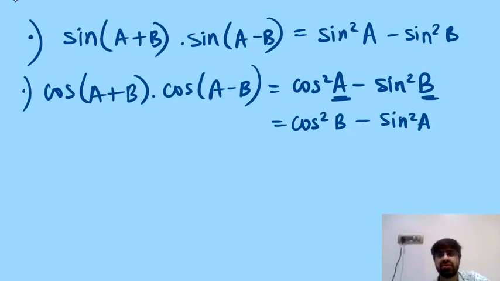Any angle can be written first and any angle later, just that cos square should come first and sine square should come later. And sine a plus b into sine a minus b will be written as sine square a minus sine square b, similar to a plus b into a minus b equal to a square minus b square, but not exactly that formula. So two more important variations or two more important results that you have learned from the expansion formula.